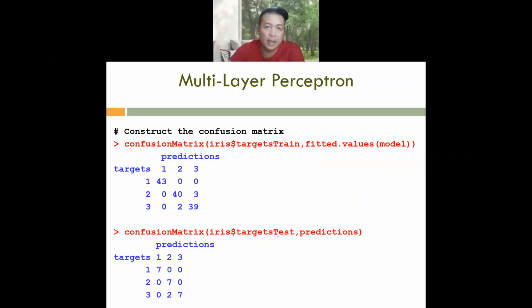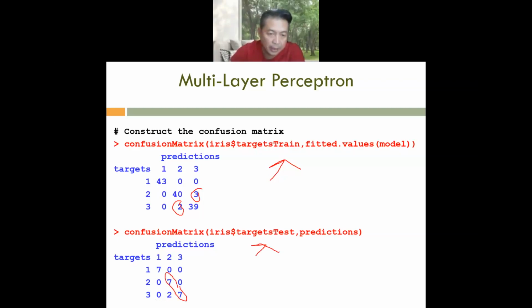And we can use the confusion matrix function to compute the accuracy of your multi-layer perceptron. So we are looking at this 2 and 3 here. And also this is during the training, this is during the test.